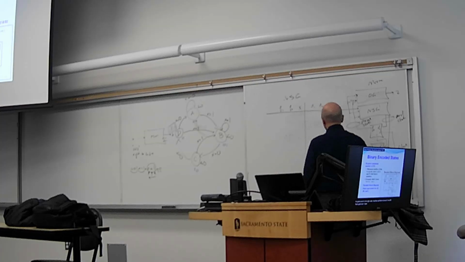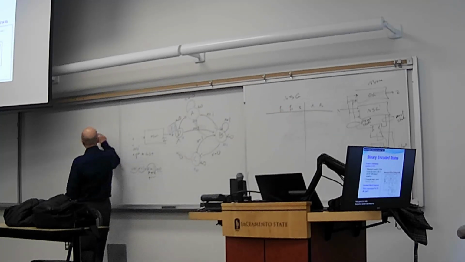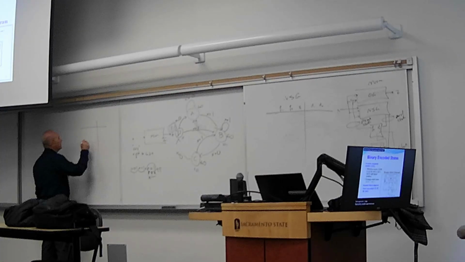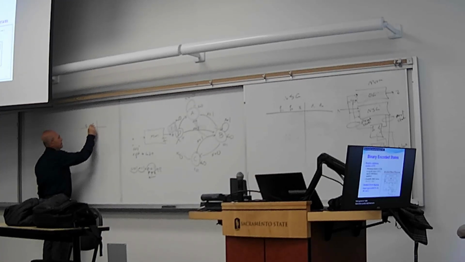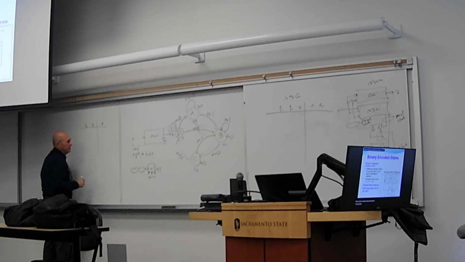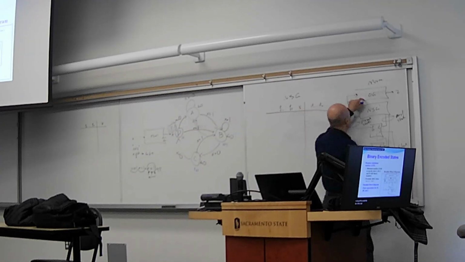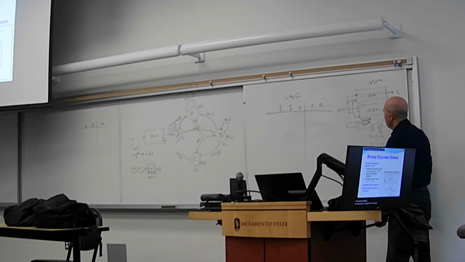There will be another table between Q1, Q0, and this would be the C output. In this case, X is not part of that because it's a Moore machine.